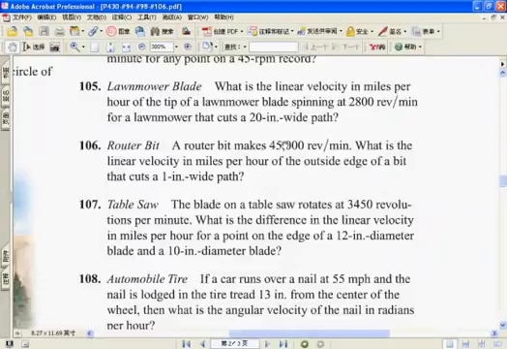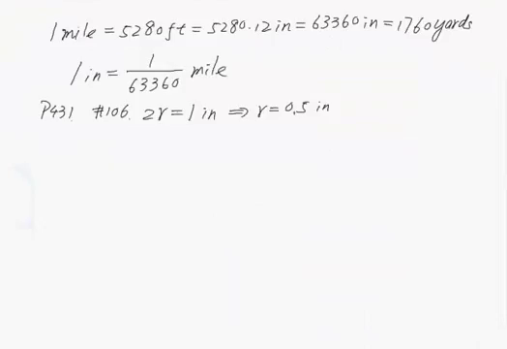Let's change this to radian per hour. So omega equals 45,000 revolutions per minute.